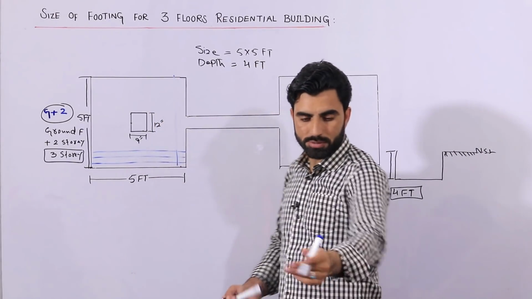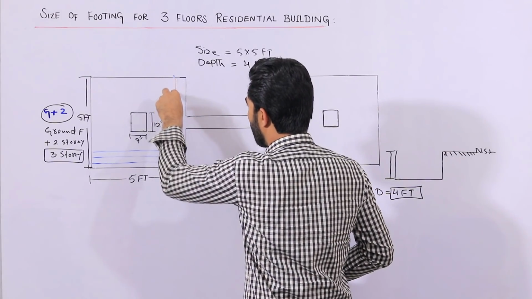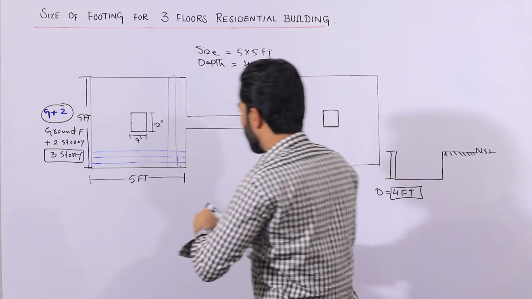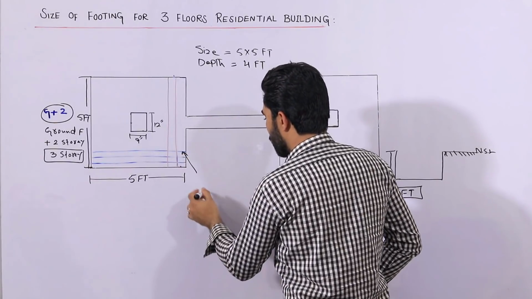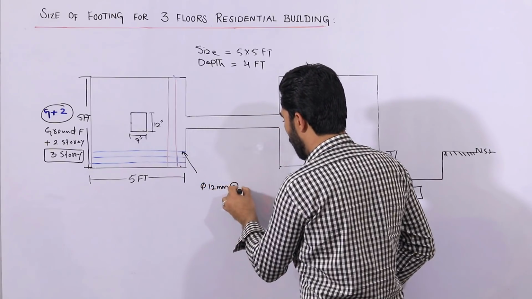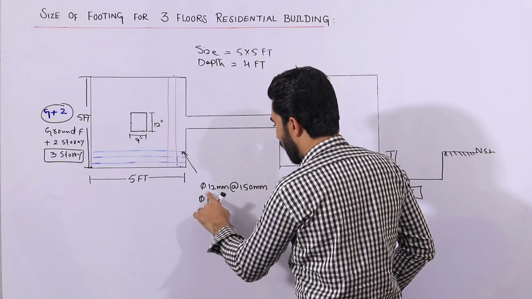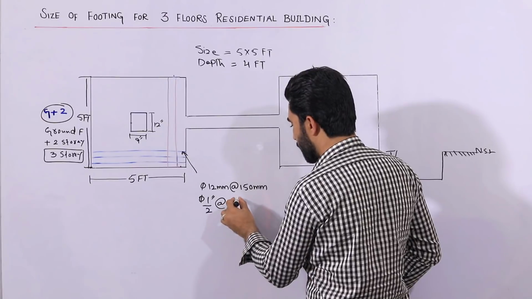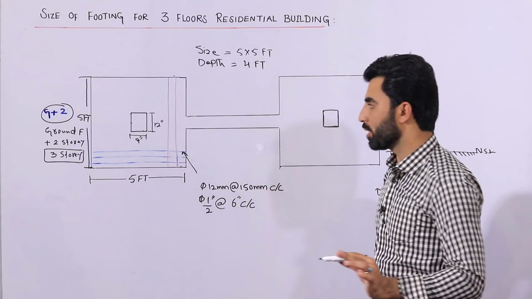Okay, so here you can use steel reinforcement 12 mm dia steel rod with the spacing of 150 mm, or you can say 12 mm or half inch dia steel rod with the spacing of 6 inch center to center. So these are steel reinforcement.